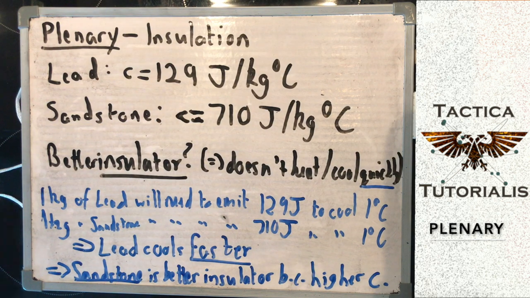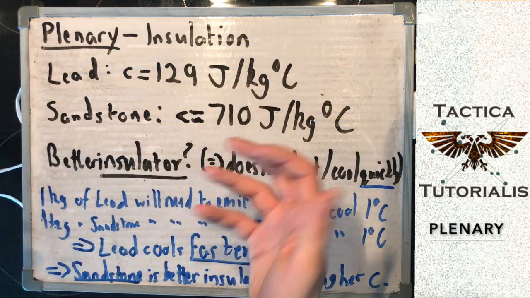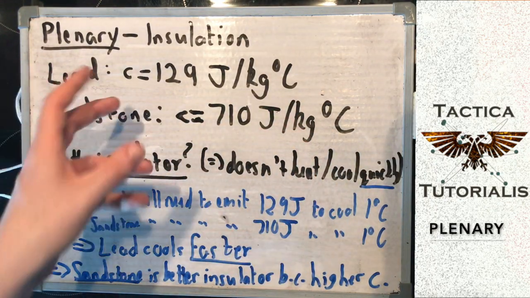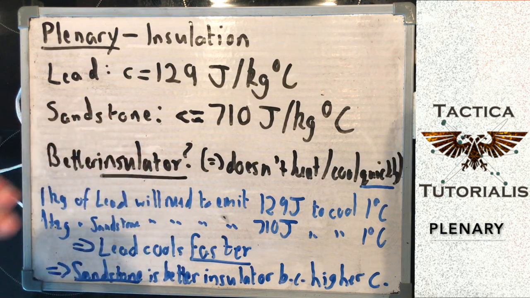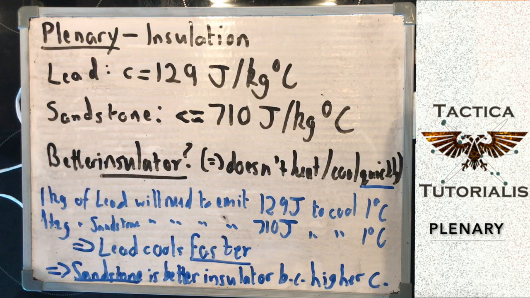So if you have, for example, a block of metal and a block of, well, stone in this case, and you leave them out in the sun, probably the metal block's going to get hotter because it's able to increase its temperature more when it receives the same amount of energy thanks to its lower specific heat capacity.